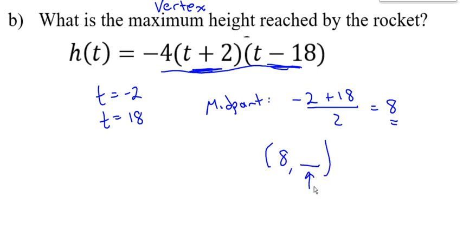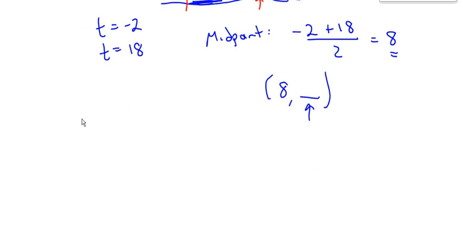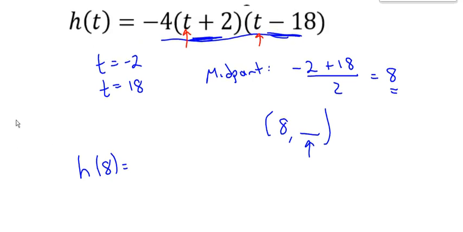Now, how do I figure out what that other part is? Well, if I know that t is 8, I can simply sub it in where t is in the equation and then calculate what the height would be. So the height at 8 seconds is -4 times (t minus 2) times (t minus 18).